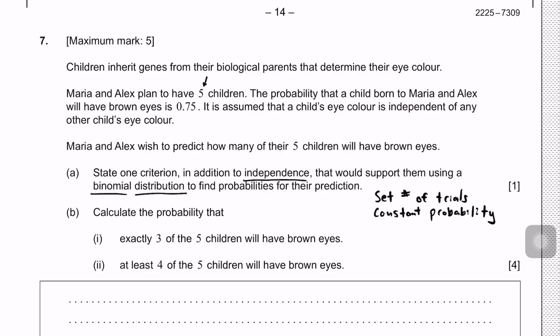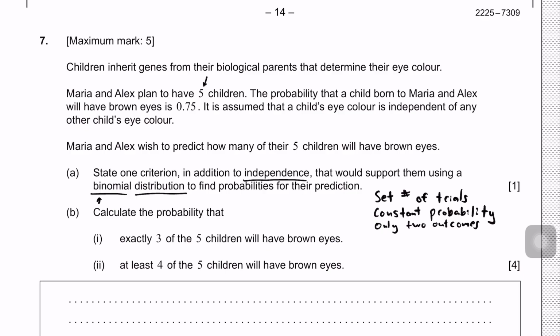That is to say, fixed number of trials, they're independent, which is already given to us, and the probability is constant. Also, since it is binomial distribution, there are only 2 outcomes. So a child can either have brown eyes or they will not have brown eyes.